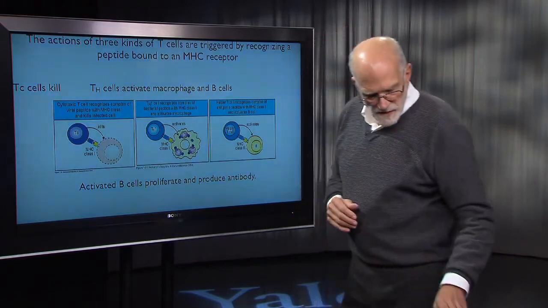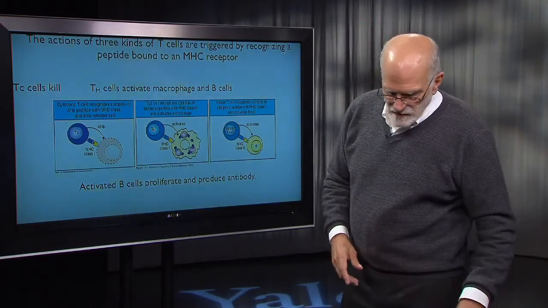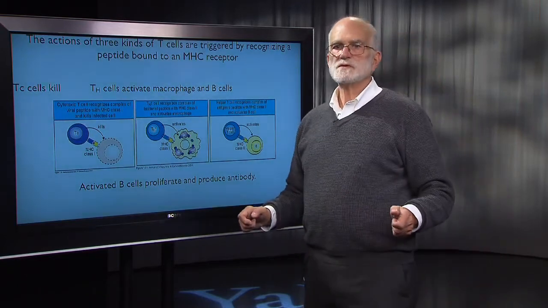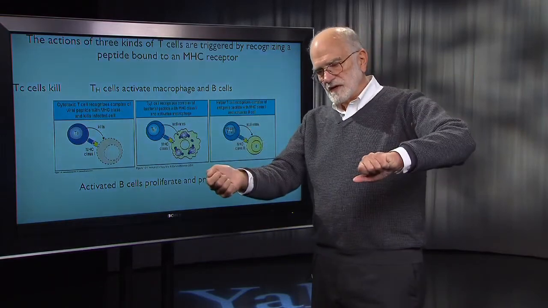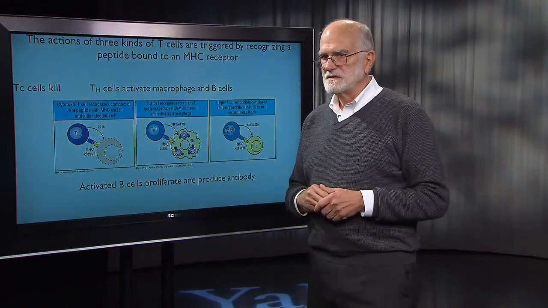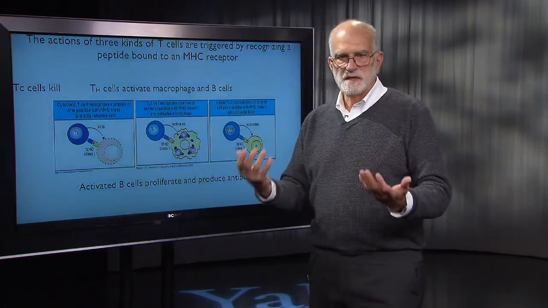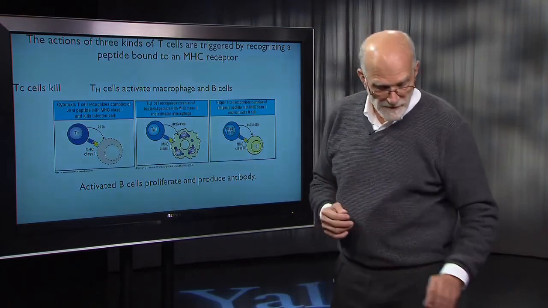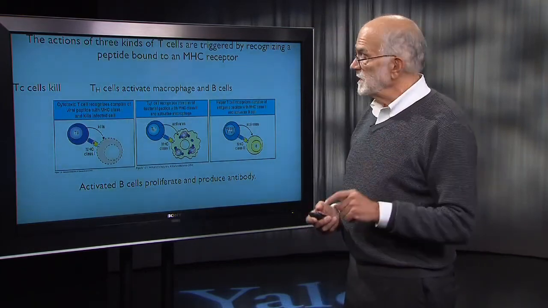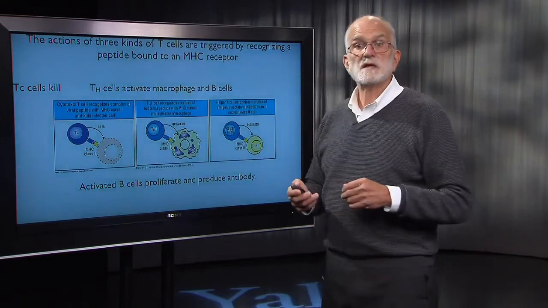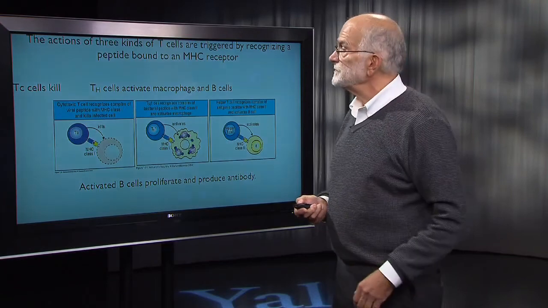And so each one of these is like the situation with two officers sitting by an ICBM, and each of them has to turn a key in order to activate the ICBM. There have to be handshakes all the way through this signaling cascade to make sure that you don't activate something that will kill self, at the same time very effectively activating large amounts of stuff that will kill invaders.